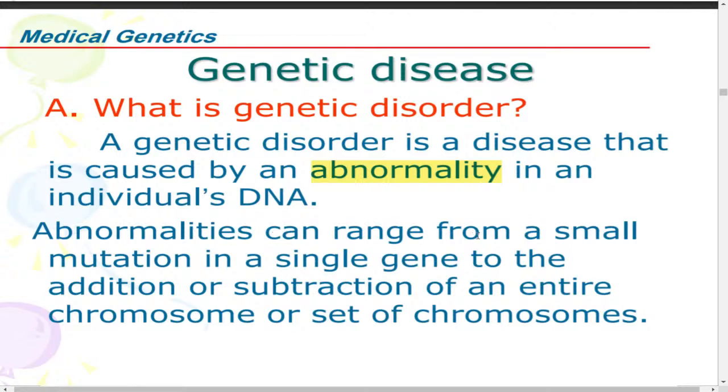The abnormality can range from a small mutation, this word is important, mutation, in a single gene, to addition or subtraction of an entire chromosome or set of chromosomes. So it is ranging from a single gene small mutation to addition or subtraction of an entire chromosome.